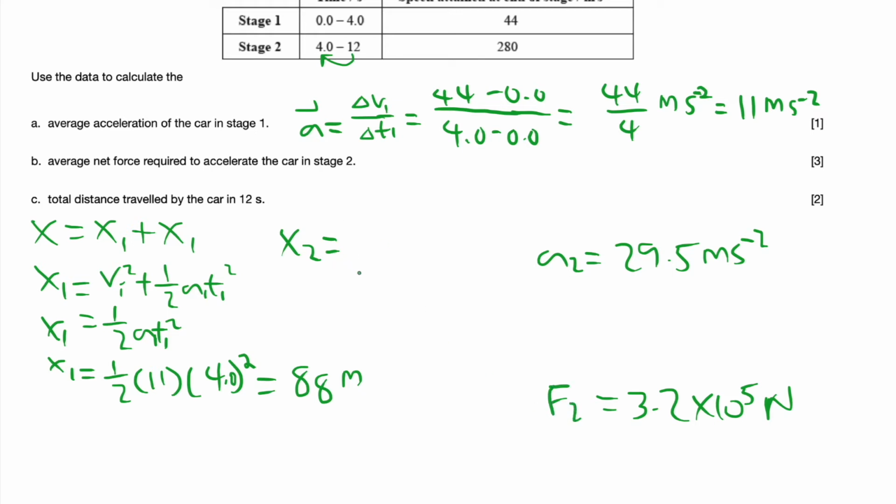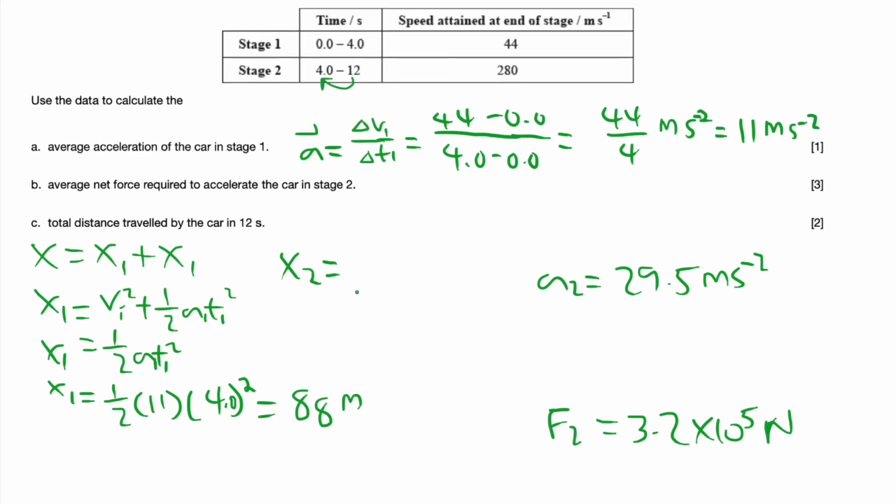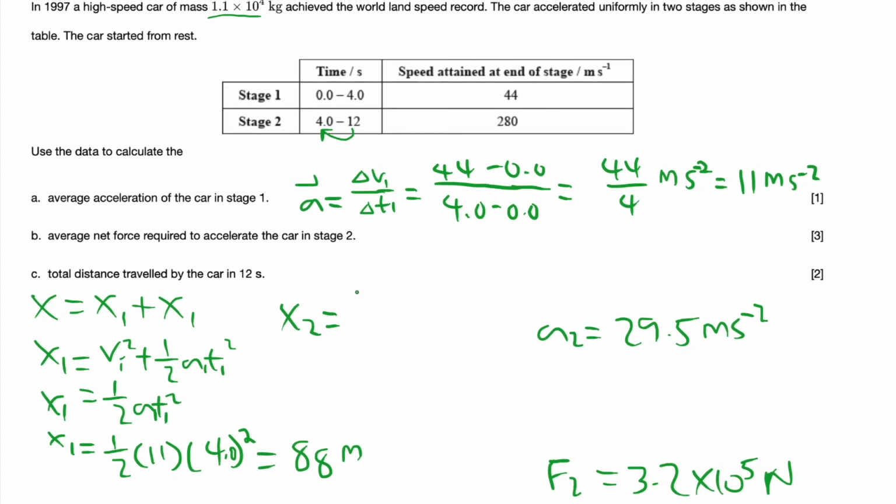So how do we calculate distance traveled in stage 2? We know that final velocity squared minus initial velocity squared is equal to 2 times acceleration times distance. So in this case, the distance is x sub 2. And we know the final velocity and the initial velocity. So x sub 2 is going to be equal to final velocity squared minus initial velocity squared over 2 times acceleration.